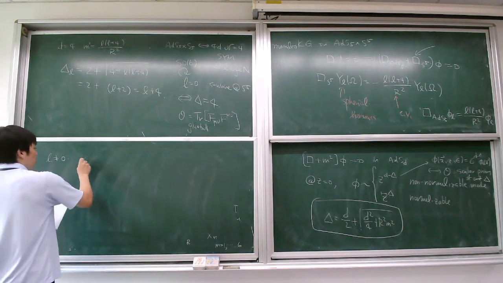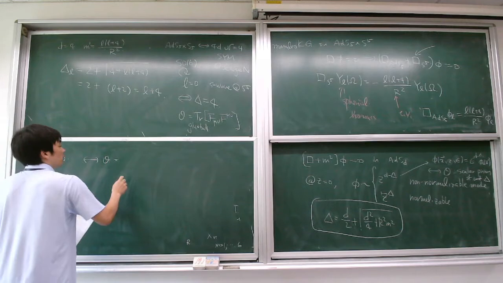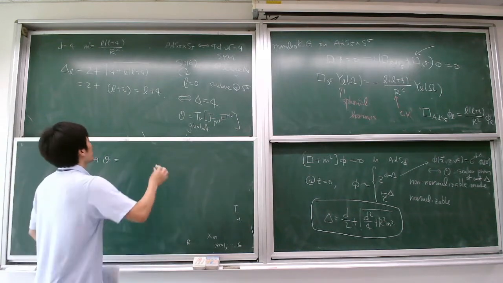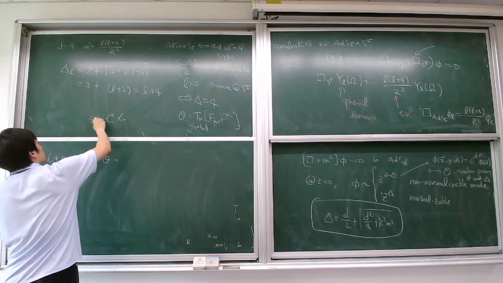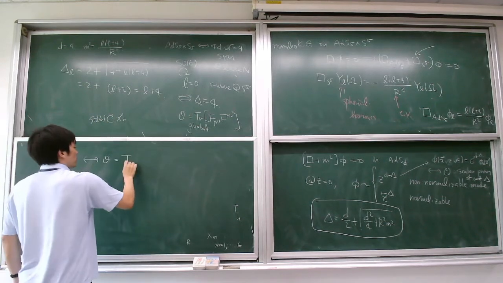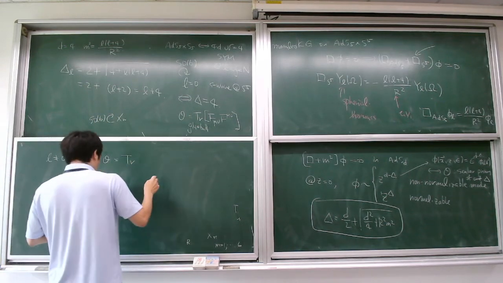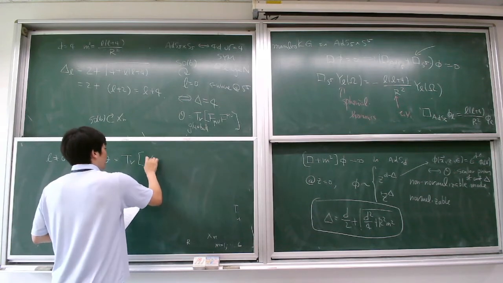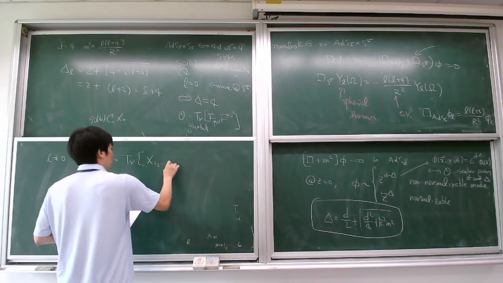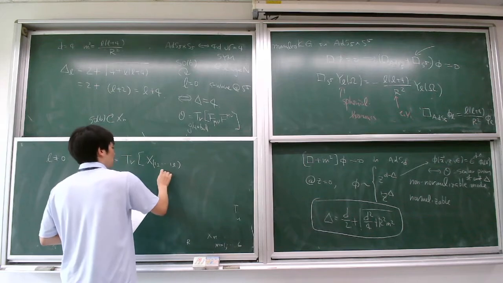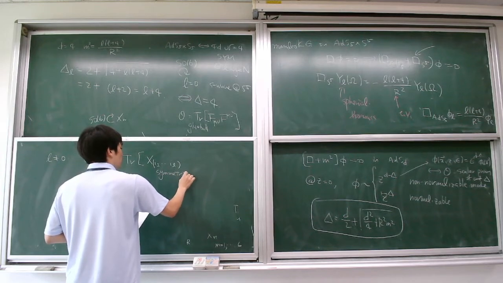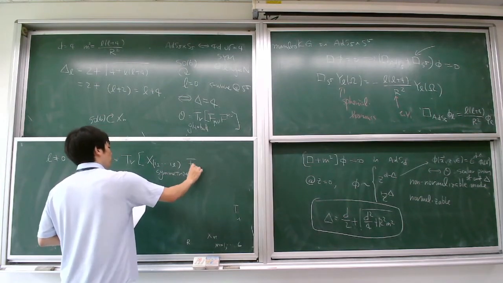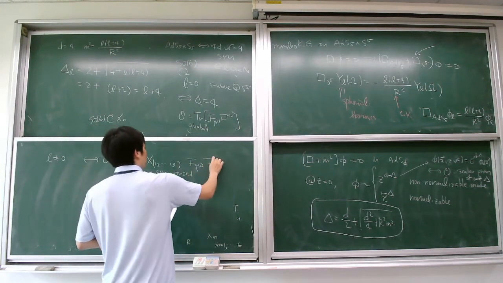Then the corresponding operator should be, as you can easily imagine, since X^M is a representation of SO6, you just insert X^{I1}...X^{IL}, with symmetrized indices, and F mu nu squared.